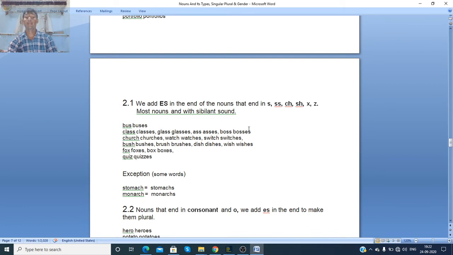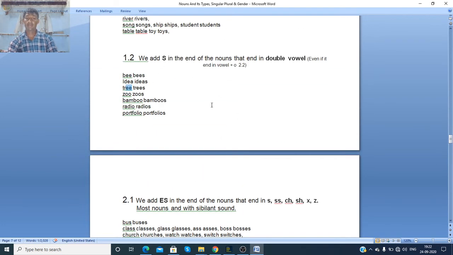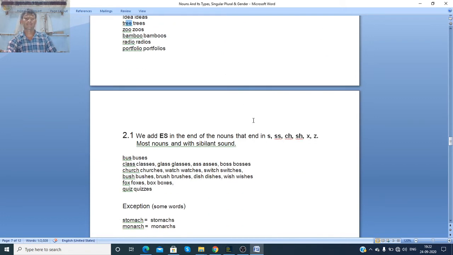I will again repeat it. If the noun ends in a double vowel, we add s at the end of the word to make it plural. If the noun ends in a vowel plus o, we add s. If it ends in a consonant plus o, we add es.